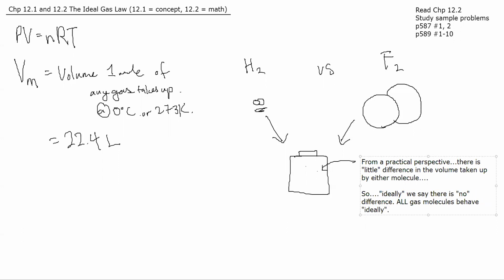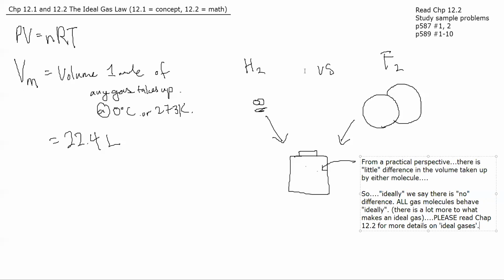I use the word ideally sort of loosely, as an English word. There is a lot more to what makes an ideal gas, and it is very important. Would you please read up on it in chapter 12.1, 12.2 for more details on ideal gases?